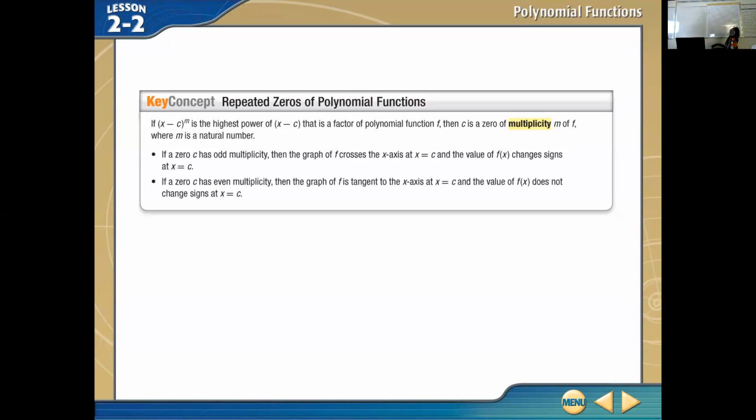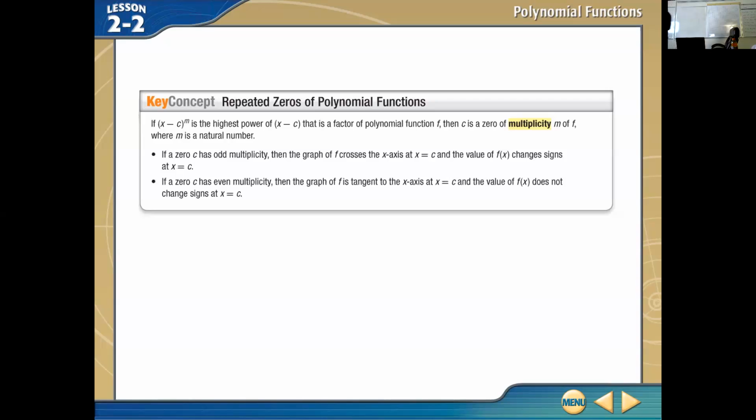If a zero has odd multiplicity, then the graph crosses the x-axis at x equals c. So those are like your traditional x-intercepts. And the value of f of x changes signs at x equals c.